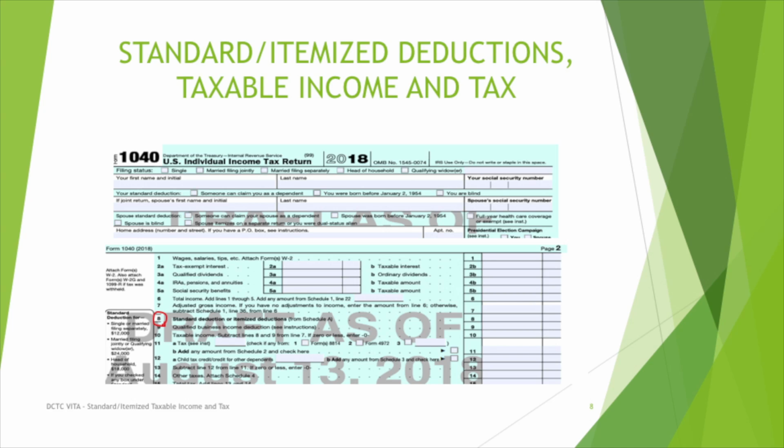Line 9 deals with a new provision in the law, qualified business income deduction. This is a new deduction and has to do with business income.